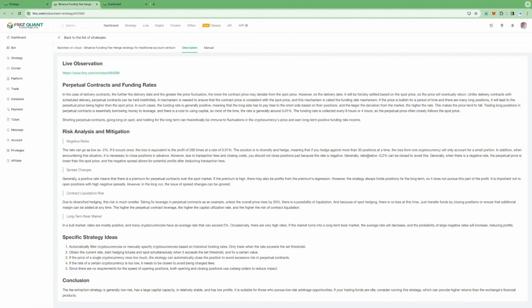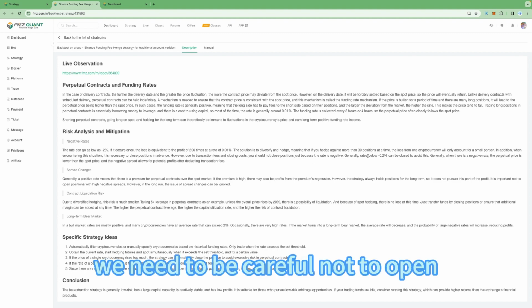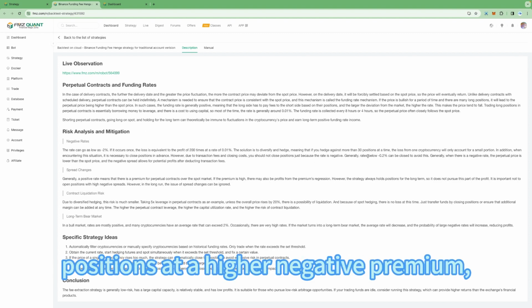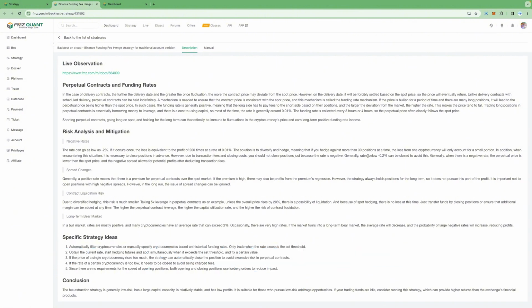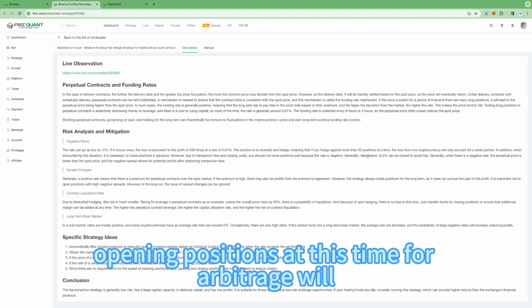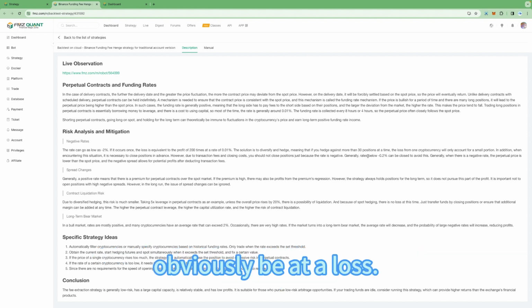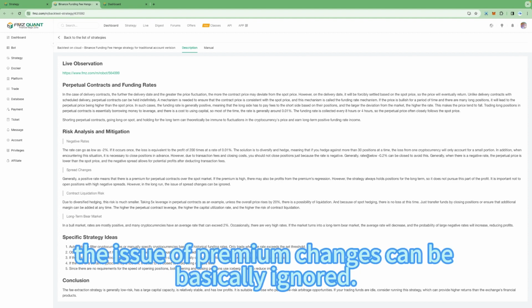We need to be careful not to open positions at a high negative premium. For example, if the negative premium is minus 1% now, opening positions at this time for arbitrage will obviously be at a loss. So, in the long run, the issue of premium changes can be basically ignored.